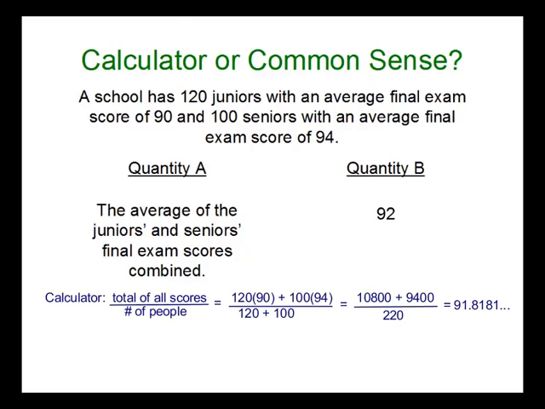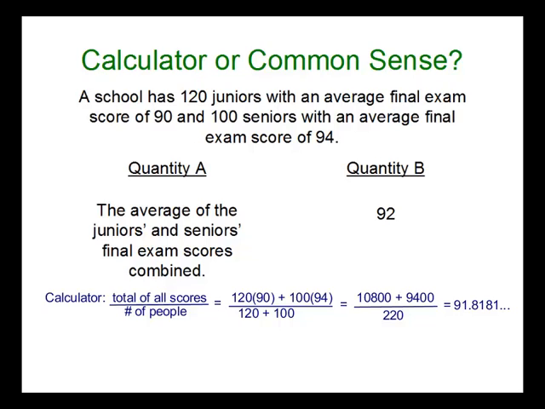If we actually calculated the average, you'd get it by finding the total of all the scores divided by the number of people or the number of scores. Same thing here. And so to find the total of all the scores, you take the 120 juniors times their score of 90, that's their total points, and then the 100 seniors times their 94. And of course you have 220 people total.